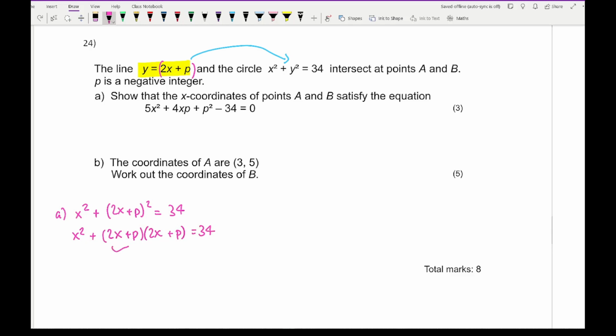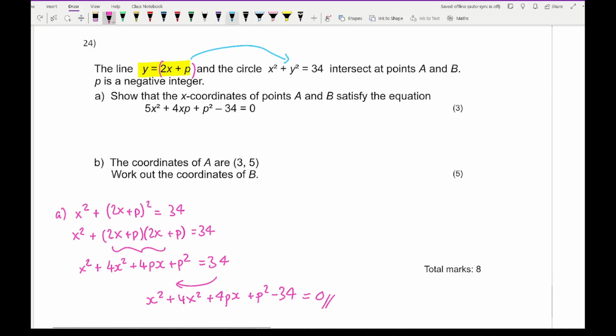And then if I expand these double brackets, I end up with 4x squared plus 4px plus p squared equals 34 plus x squared. And then if I take this all over to one side, I end up with x squared plus 4x squared plus 4px plus p squared minus 34 equals 0.